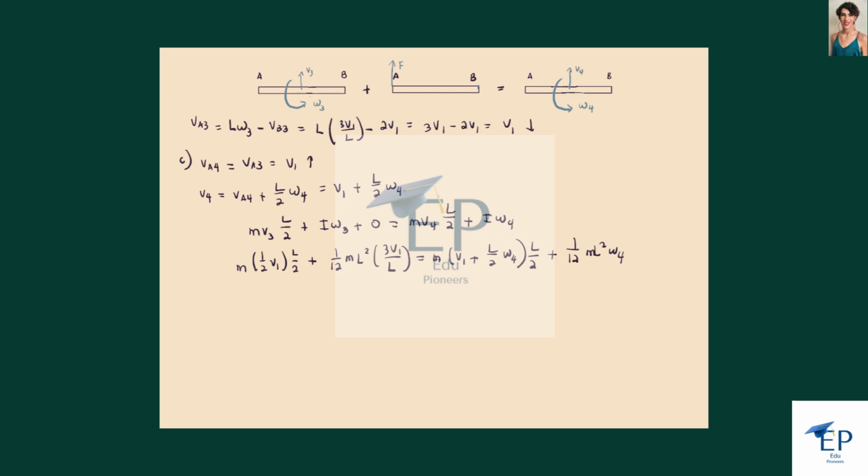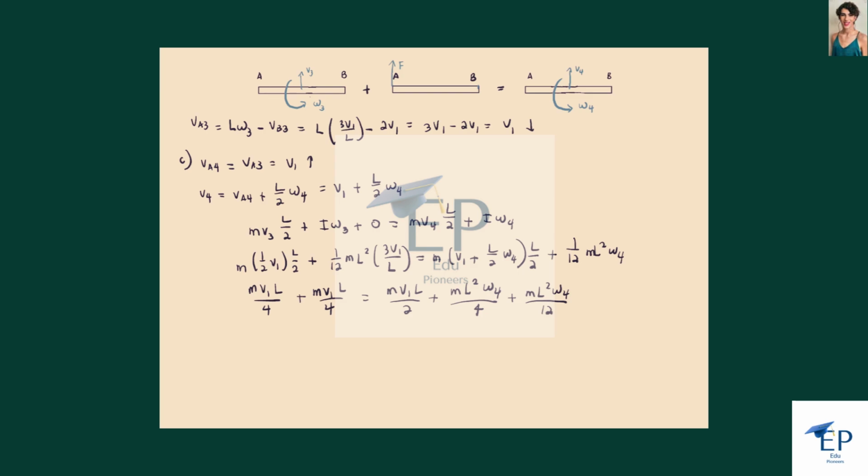Simplifying the equation, this will become m V1 L over 4 plus m V1 L over 4 equals m V1 L over 2 plus ml squared omega 4 over 4 plus ml squared omega 4 over 12.